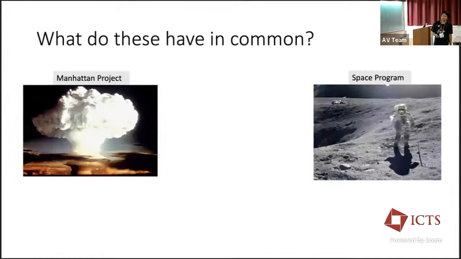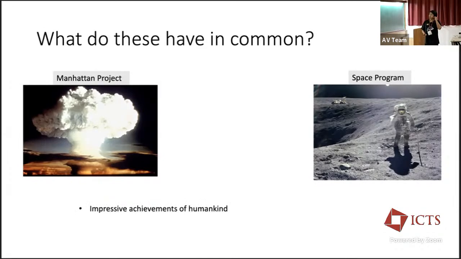So finally, I'll take a look at the larger picture. Let me step back. These two things, the Manhattan Project and the space program, are some of the greatest triumphs of 20th century science, for good or bad.